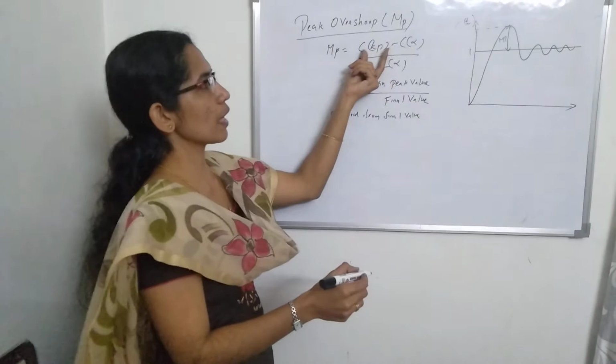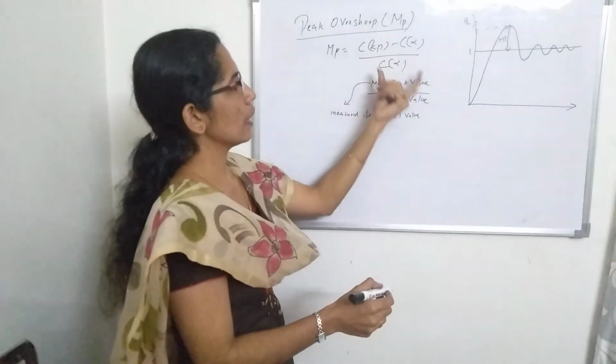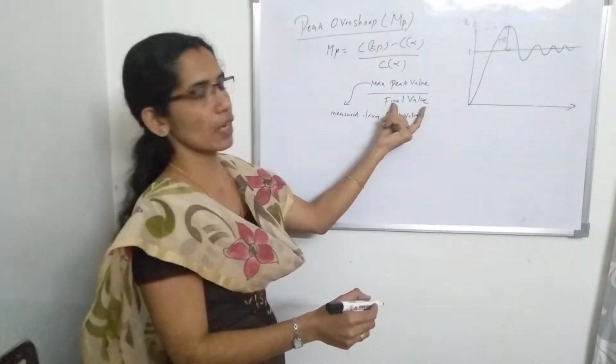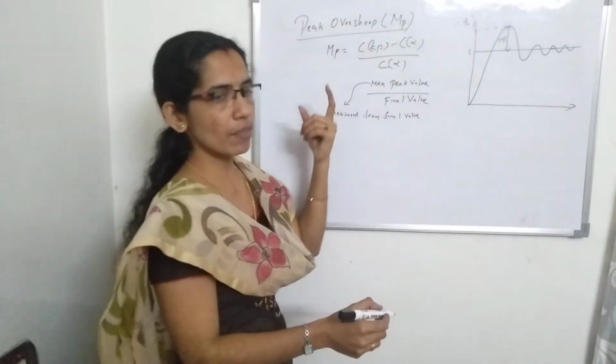Therefore it is C of Tp minus C of infinity divided by C of infinity. The final value is called C of infinity.